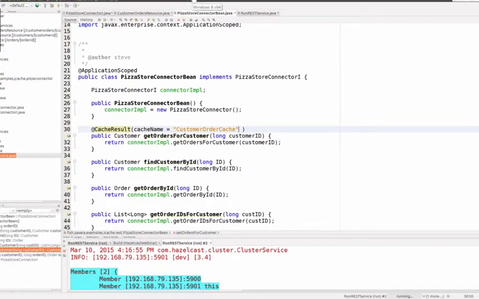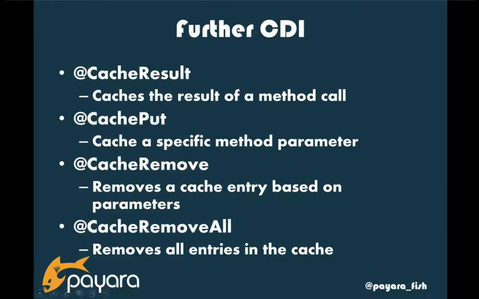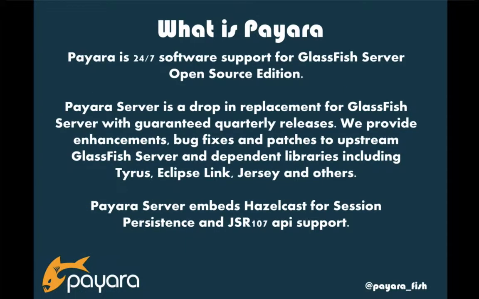Let's have a quick look. So, just a little bit about Payara. Payara is a version of GlassFish server. So we take open source GlassFish server. We provide support for it.